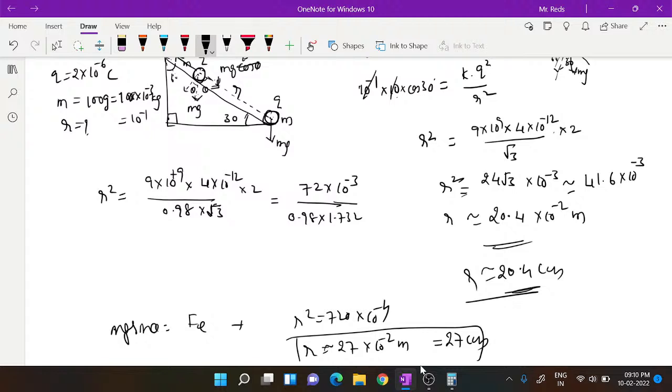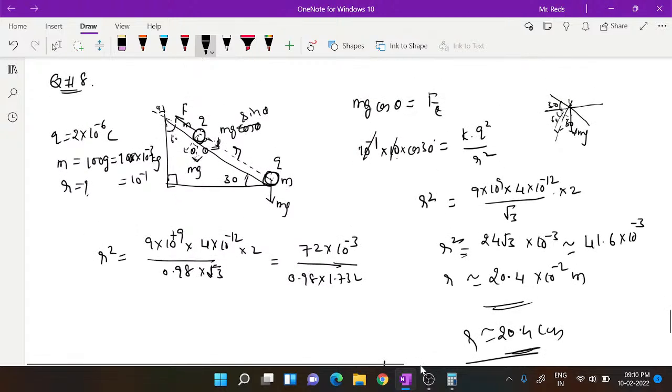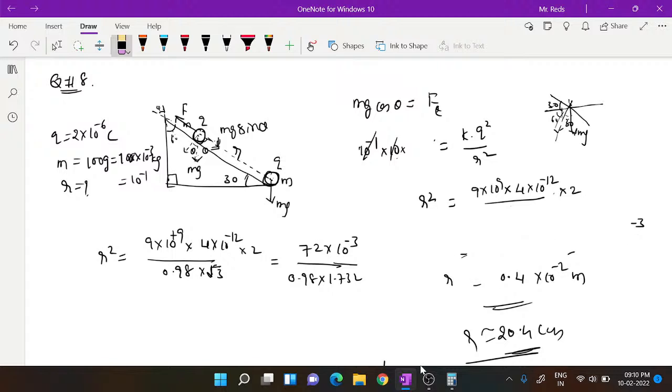This we did wrongly. This will be sin theta, not cos theta. mg sin theta. From here onwards, all these things have to change.